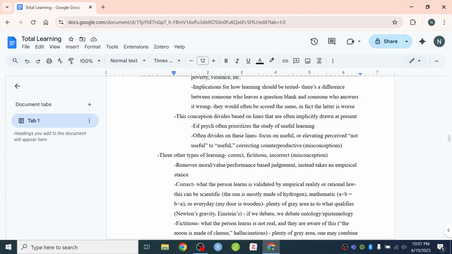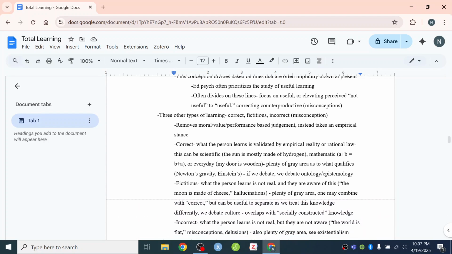You may even hear that both of them are correct, even though they are mutually exclusive, and Einstein seems to be more accurate when you take them to extreme cases. If we are going to debate if the learning is correct or incorrect, importantly, we're having a debate about ontology and epistemology, which is how we know that we're defining things in terms of correctness and incorrectness.